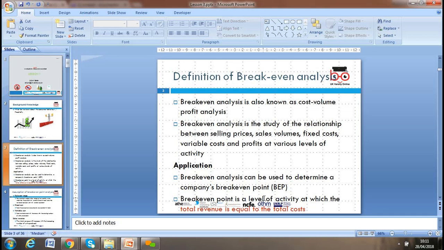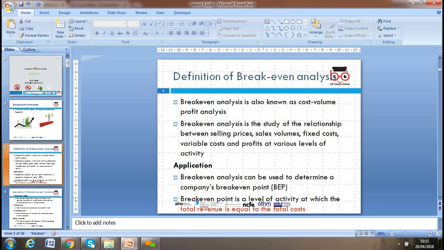So what is meant by selling price? We all know. Yes, sir. It's the price at which a certain product is sold. Brilliant. And sales volume? The sales volume is the quantity of the product that is sold. Great. And fixed cost?